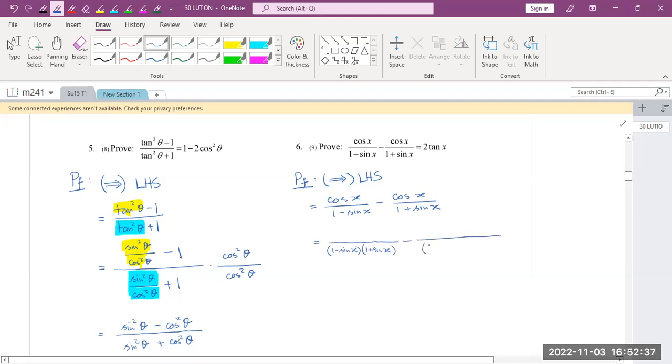Now on the numerator, originally I have cosine x here, but on the denominator I multiply by this, so I multiply by the same thing on the numerator.